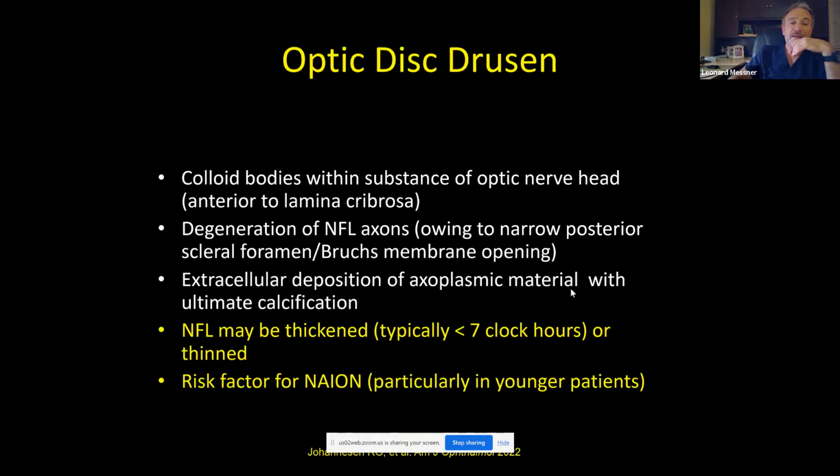The other thing is that particularly in younger individuals, the presence of optic disc drusen is probably the most significant risk factor for the development of non-arteritic anterior ischemic optic neuropathy. And that's particularly in young individuals without an established history of vasculopathic illness, such as hypertension or diabetes.